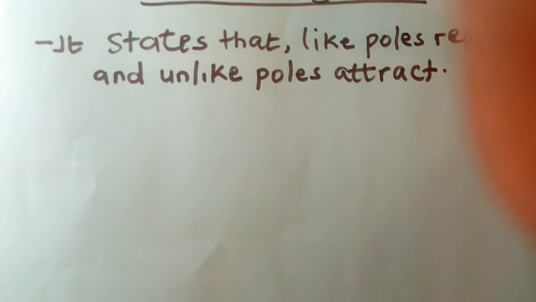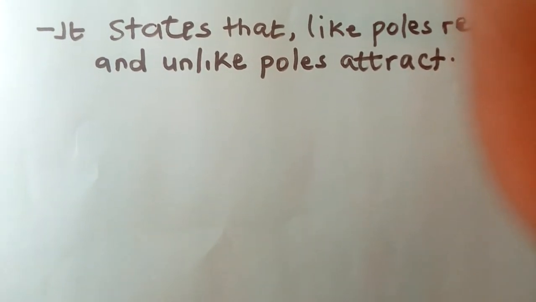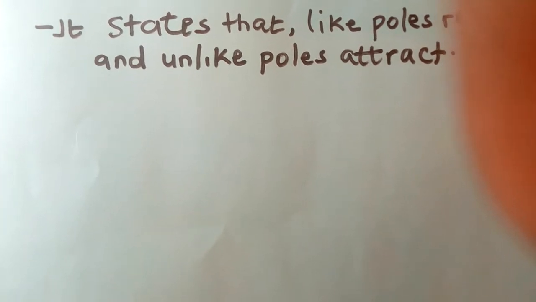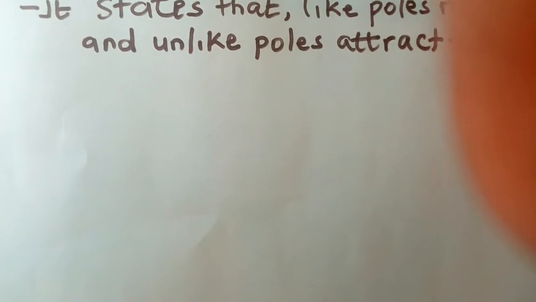Before this law was stated, there was an experiment which was carried out. So for that matter, we are going to look at an experiment to verify, to prove the law of magnetism.